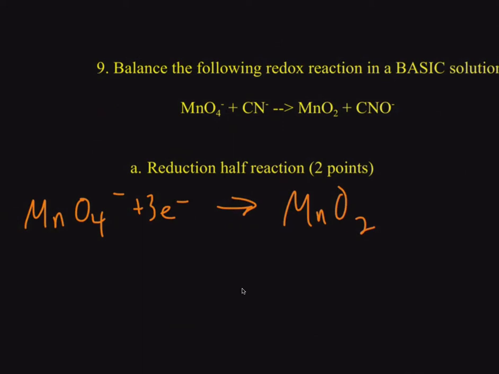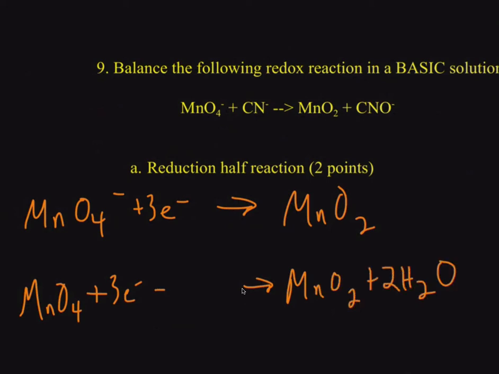So the 2 parts of that are, redraw this, because we have 4 oxygens on the left and only 2 on the right, we need to add 2 water molecules to the right hand side, and we need to add then 4 hydrogens on the left.